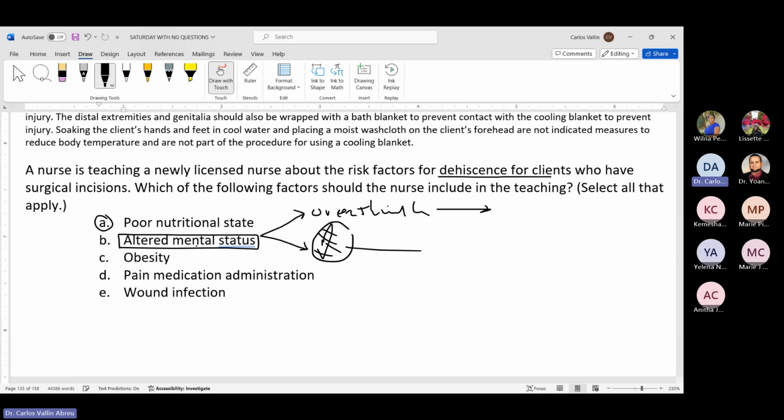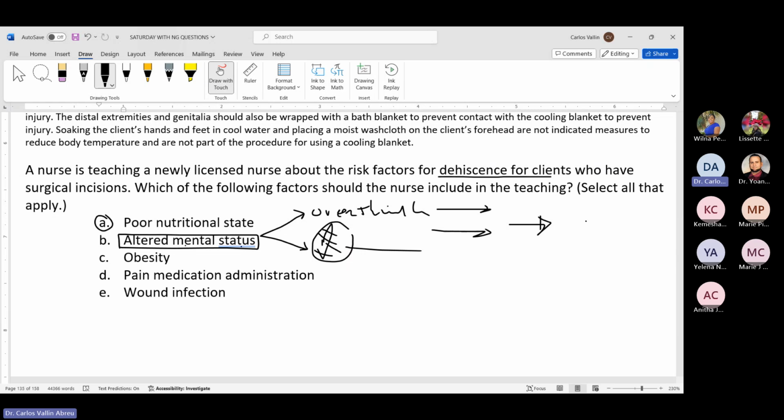I think that the altered mental status is not a direct risk factor for dehiscence because clients are supposed after surgery to get out of bed and have early ambulation. And the fact that the client is disoriented or confused, etc., is true, it places the client at risk for falls, but not dehiscence.